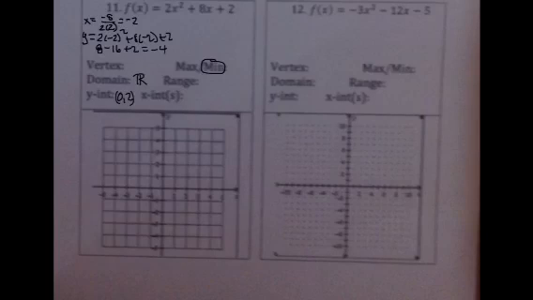Sorry, negative 6. Not thinking straight. Negative 6. So my vertex is (-2, -6). So my minimum value is negative 6. And the range is from negative 6 to infinity.